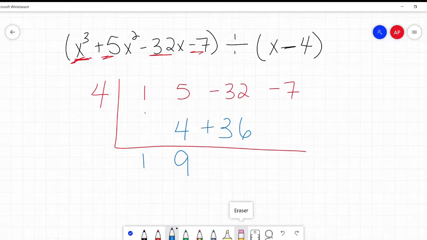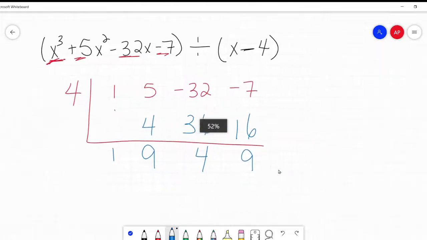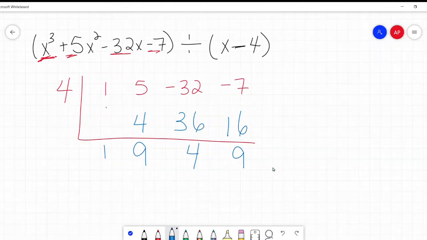Then I add. Negative 32 plus 36 is 4. 4 times 4 is 16. I write it there. Negative 7 plus 16 is 9. And I'm done. You go, what? What just happened and how are you done?